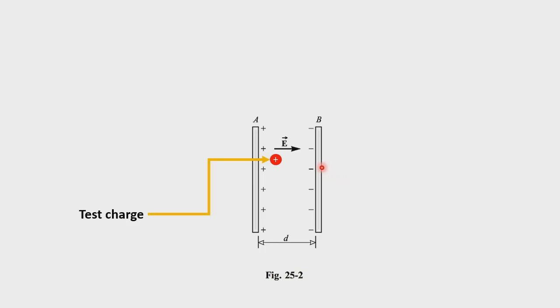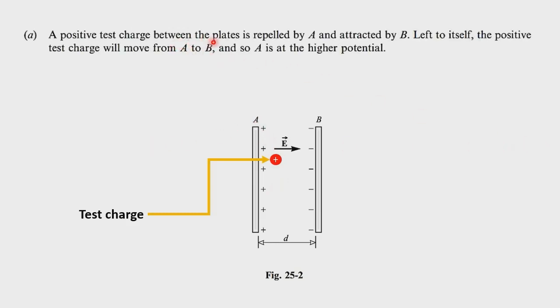So for example, we have plates A and B, and if there is a charge somewhere in here, plate A will produce repulsion, supposing that the test charge is positive, while plate B will produce the attractive force.